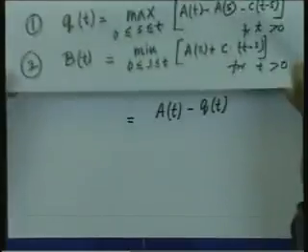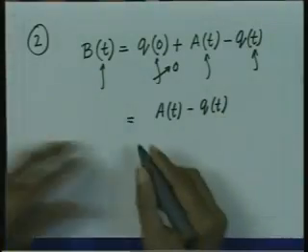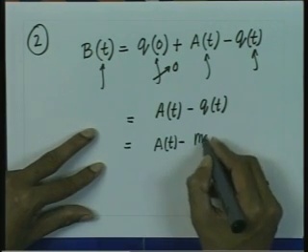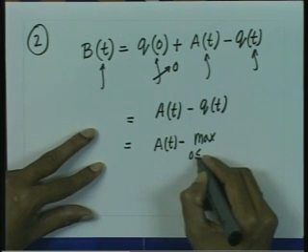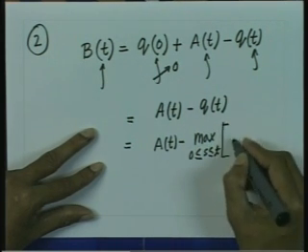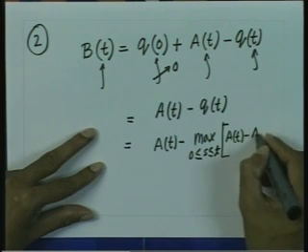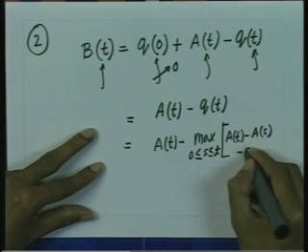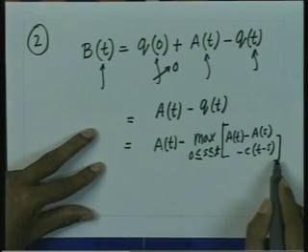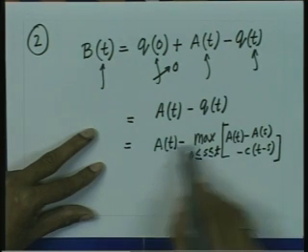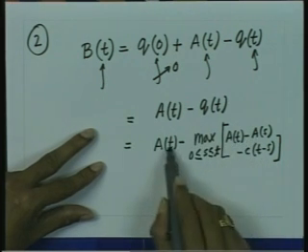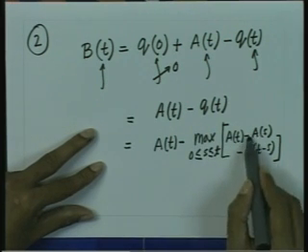So, I will write this result for q_t here, and then I can say that this is also given by a_t minus the max over 0 to t of a_t minus a_s minus c into (t minus s). Now, note that this is a_t and this is a_t here, alright. So, I can take it inside and this gets cancelled out, but there is a minus sign here.